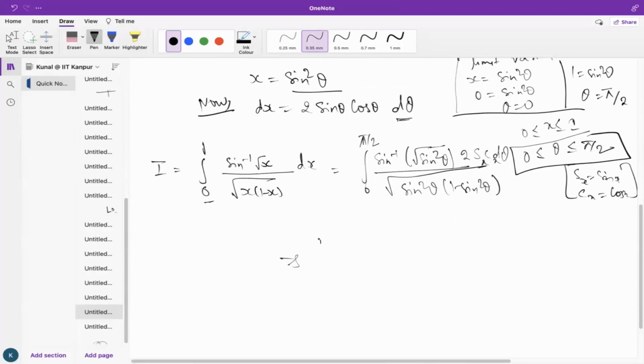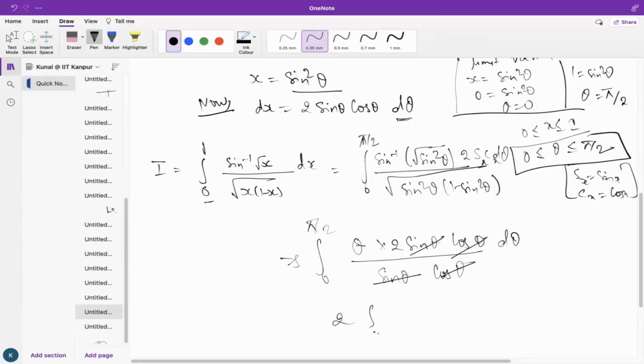By applying the property of inverse trigonometric function, we get theta here. There is 2 sine theta cos theta d theta, divided by, when the sine square theta comes out, it comes like sine theta, and it is cos theta. So this term gets cancelled.